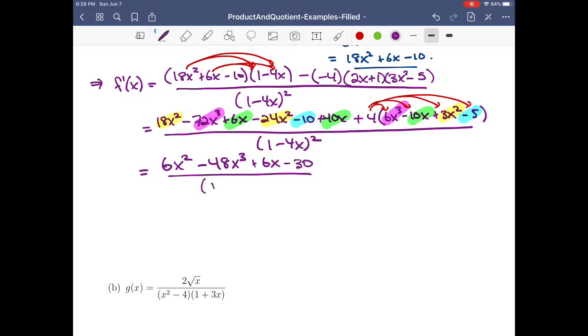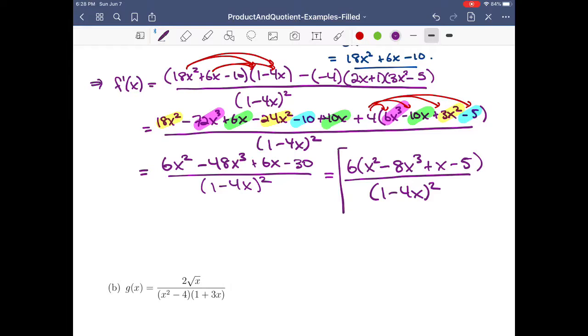And this is all over 1 minus 4x all squared. If we want, we could actually factor out a 6. So it's going to be x squared minus 8x cubed plus x minus 5 all over 1 minus 4x all squared. That's probably how we'd want to leave our derivative.